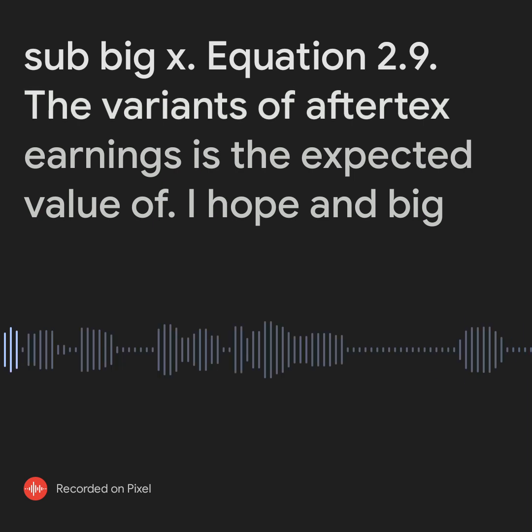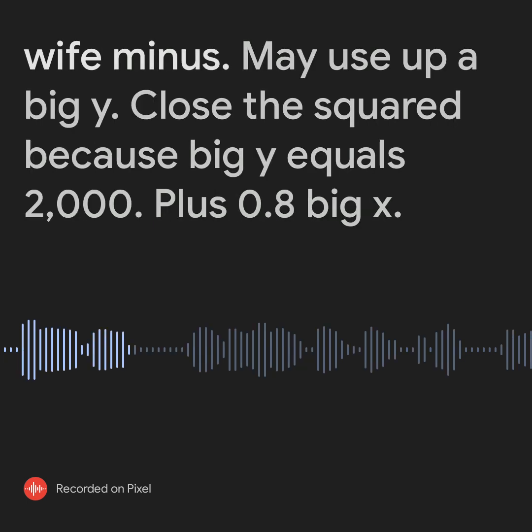The variance of after-tax earnings is the expected value of (Y - mu_Y) squared.